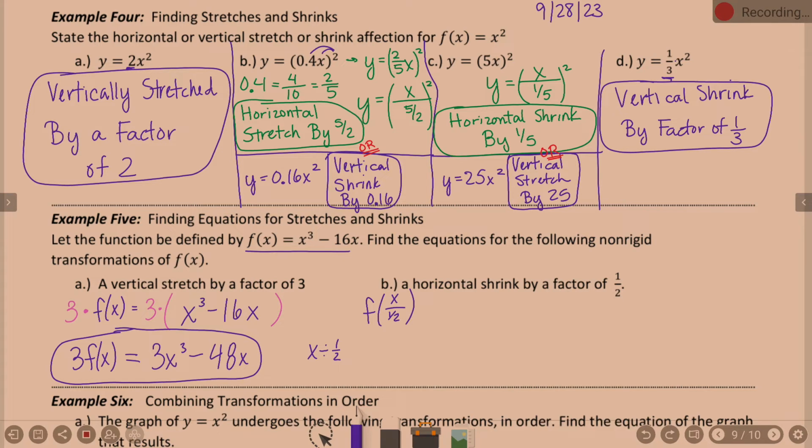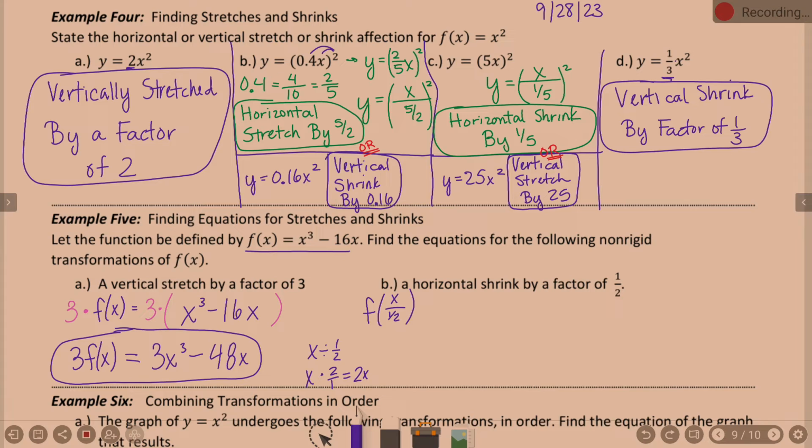Multiplying by 2, yes. Because dividing fractions is the same as multiplying by the reciprocal. So x dividing by 1/2 is the same thing as multiplying by 2/1. Well, 2/1 is 2, right? And 2 times x is 2x.